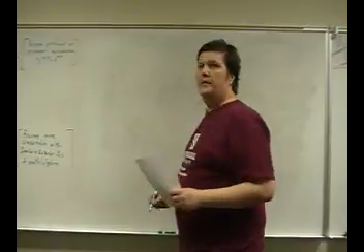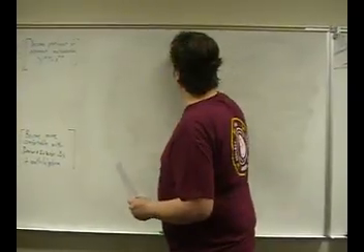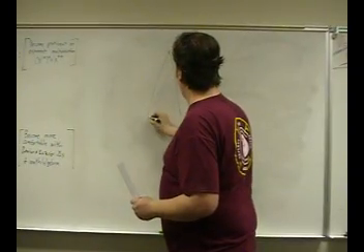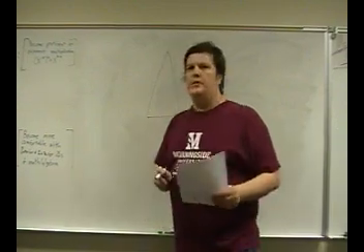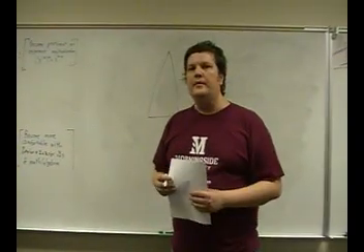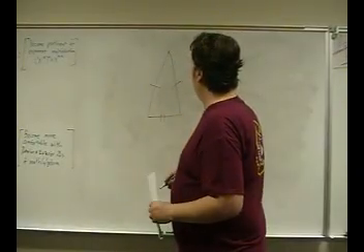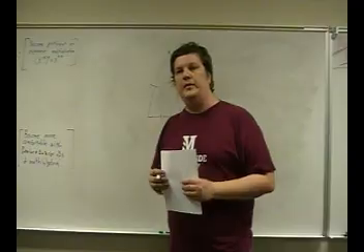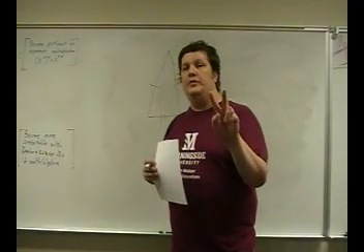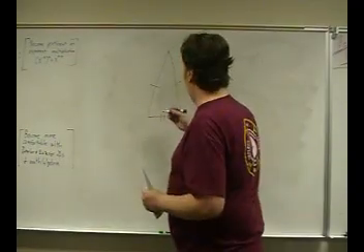The next kind of triangle is called isosceles. An isosceles triangle only has two sides that are equal to one another. And because it only has two sides equal to one another, it only has two angles that are equal as well.